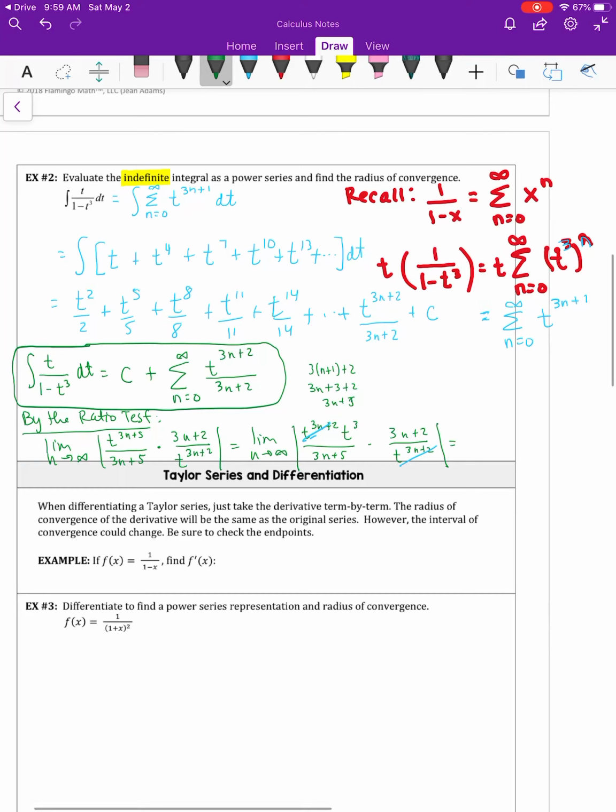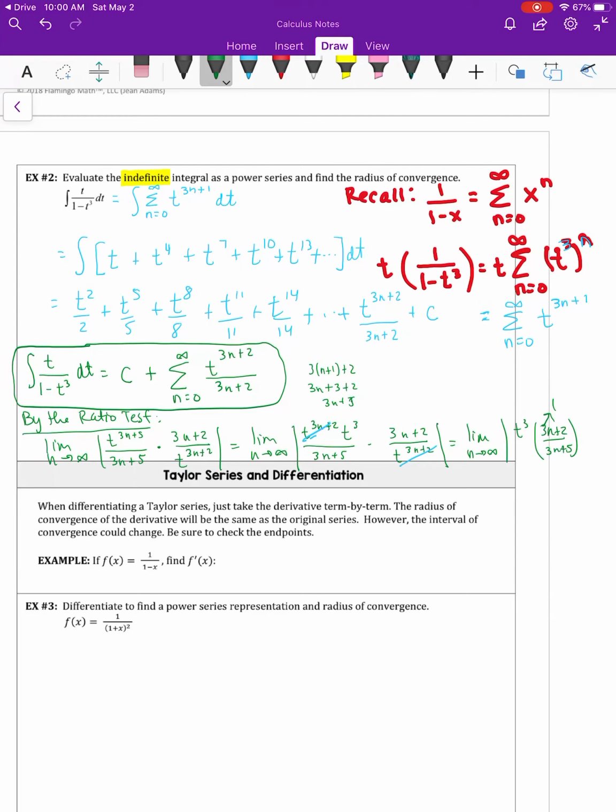But I was able to write this so that I can see that this and this cancel. And so this is going to give me t to the 3rd times 3n plus 2 over 3n plus 5.